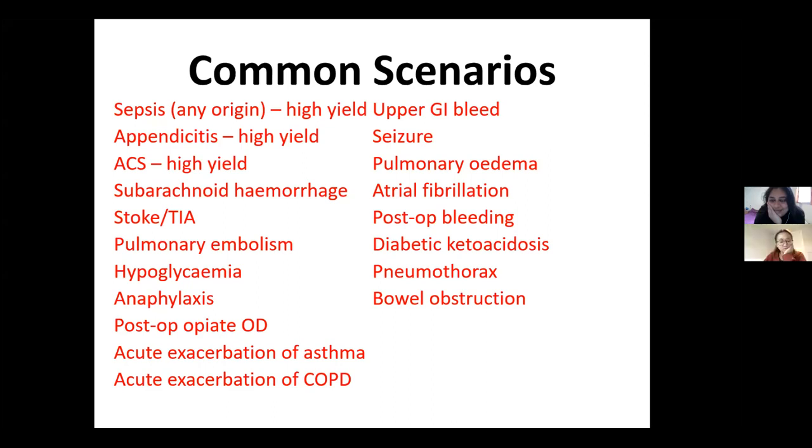So with DKA, it's a very complex kind of management in terms of the insulin prescribing and the fluid resuscitation. So when we assess a DKA patient, would it just be ABCDE, or how much of the management would we have to actually discuss? So your ABCDE assessment will depend on the level of consciousness of the patient.